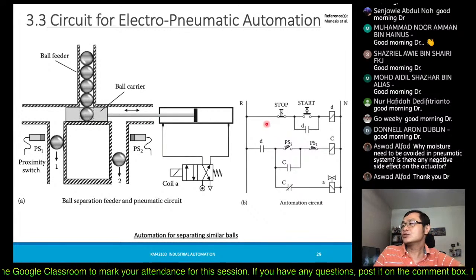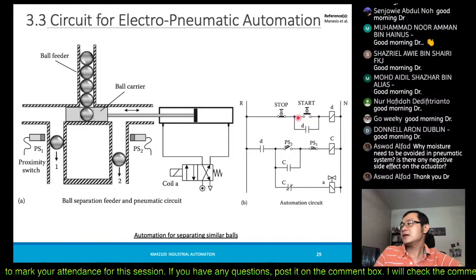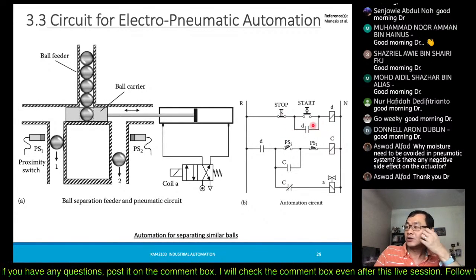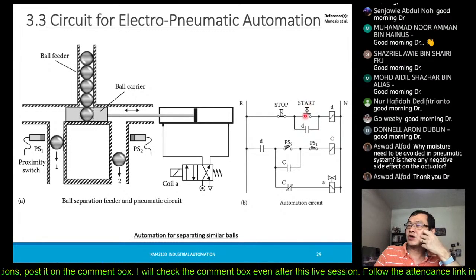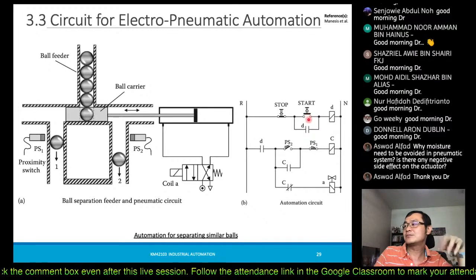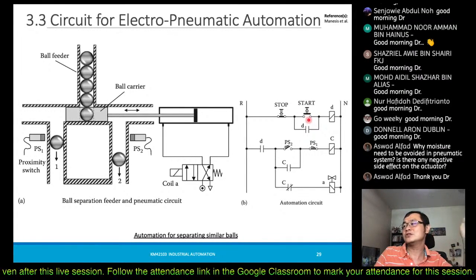So the idea remains the same. You have this bypass, so-called bypass relay, to make sure that it will still continue to operate after you press the start button and release it.